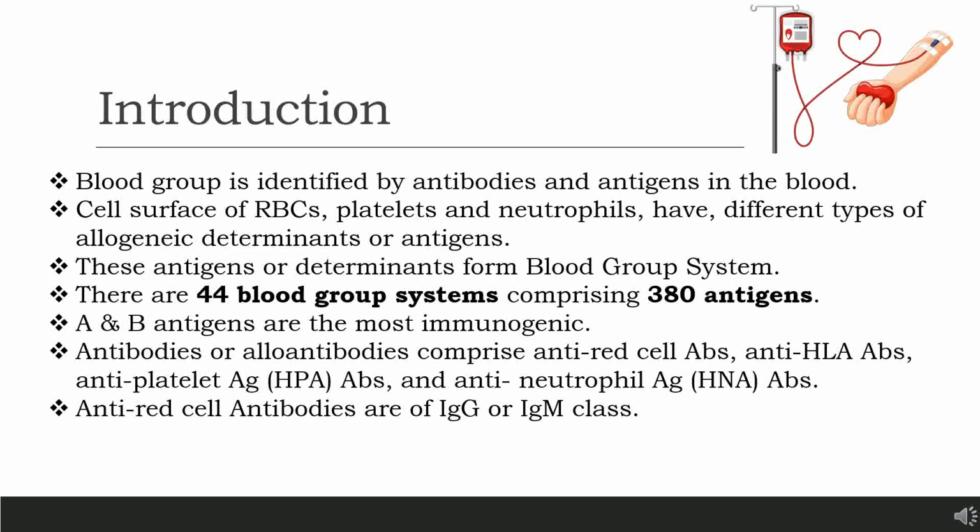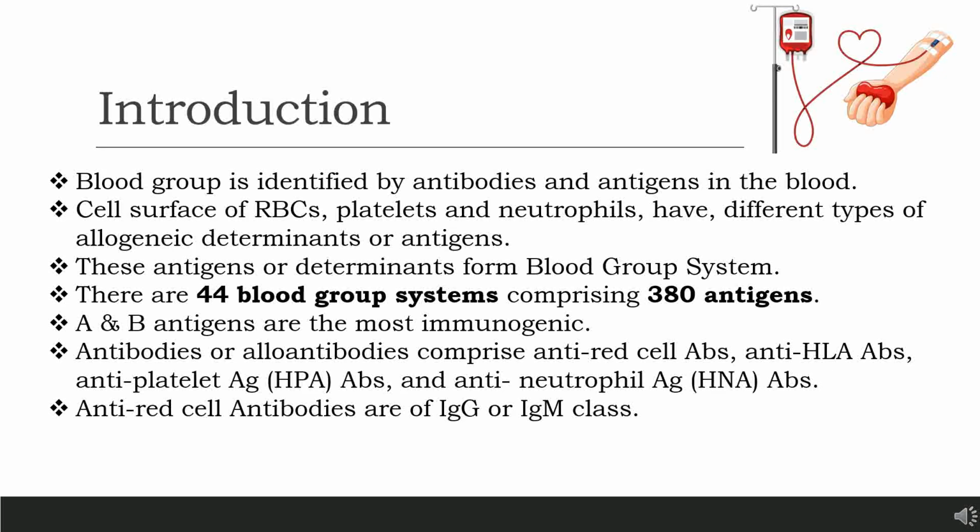Antibodies comprise anti-red cell antibodies, anti-HLA antibodies, anti-platelet antigen antibodies or HPA antibodies, and anti-neutrophil antigen antibodies or HNA antibodies. Anti-RBC antibodies may result in hemolysis, while anti-HLA or anti-HPA antibodies may result in other transfusion reactions such as fever and platelet transfusion ineffectiveness.